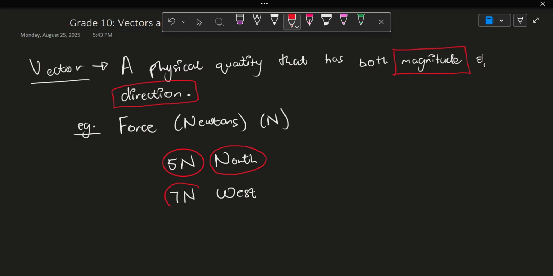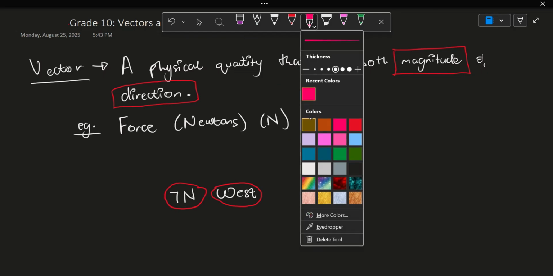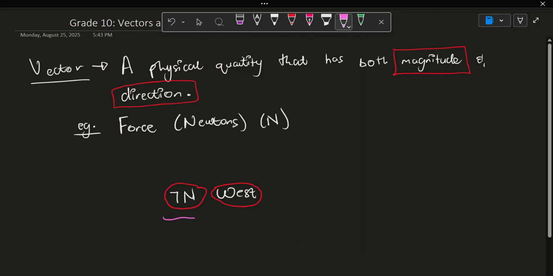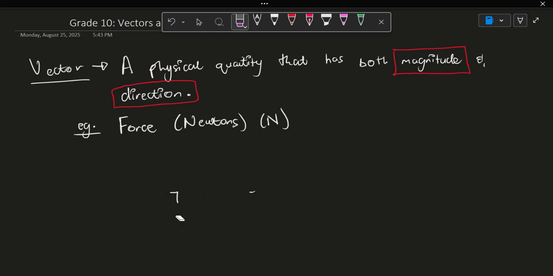Similarly, this would be your magnitude, and this right here would be your direction. Hence, we say that force is an example of a vector. By definition, a vector is a physical quantity with both magnitude and direction.